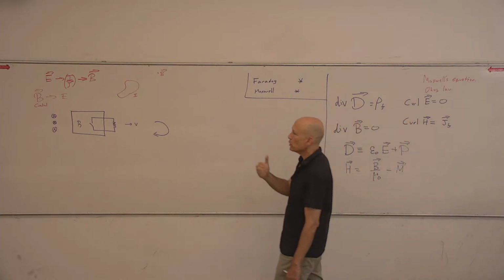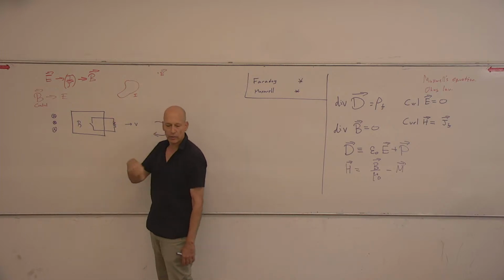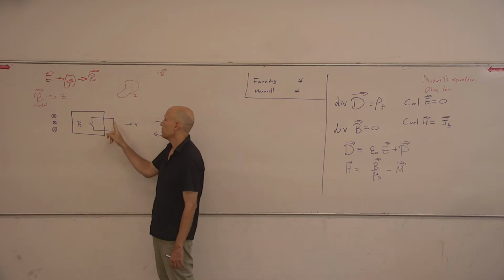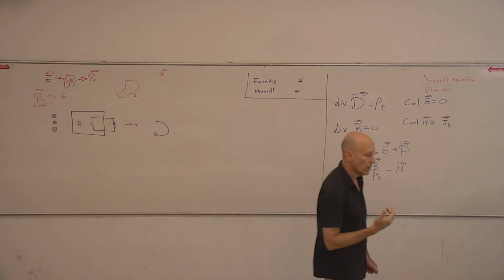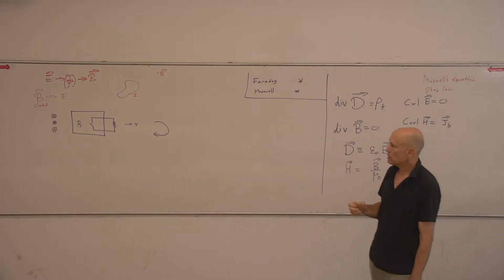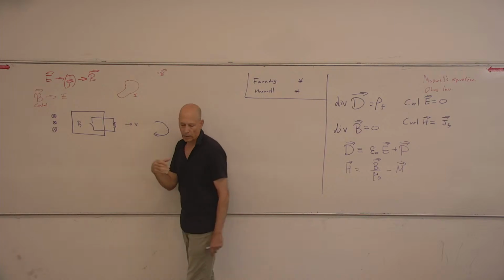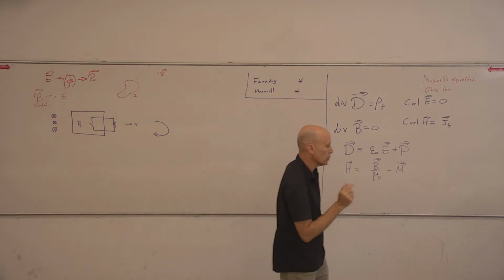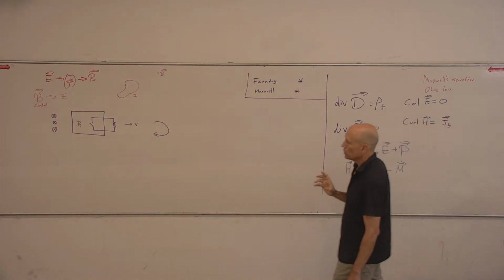That means I'm changing B, and if I'm changing B, I will see a current going, not the current that generates the B, but a current going through this resistor, which I can measure. If I know the resistance, I can also calculate the electromotive force. I can measure all these things.